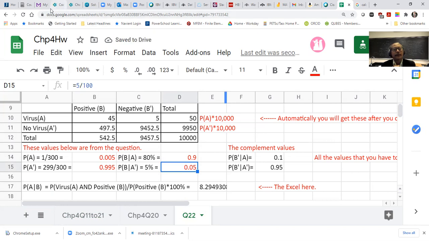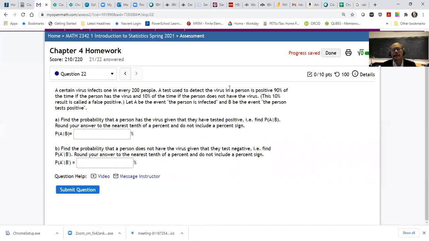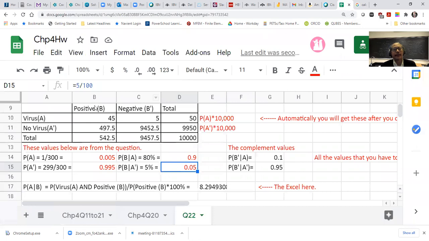And how many percent for the 10%? Okay, the 10% of people that do not have the virus. So that means this one is 10.